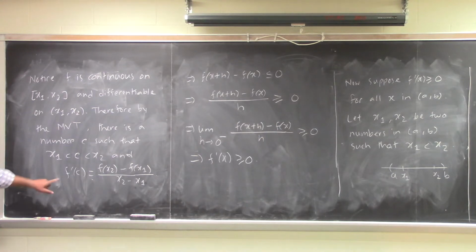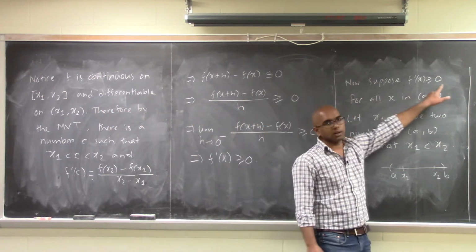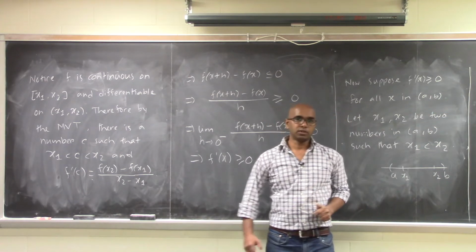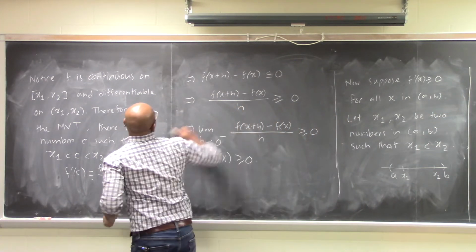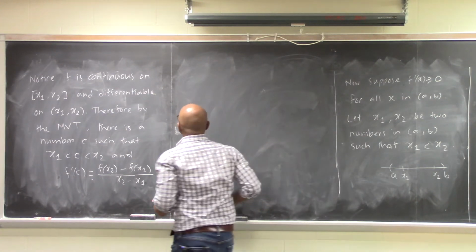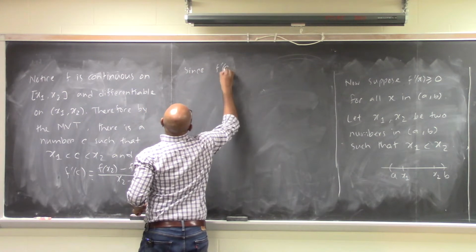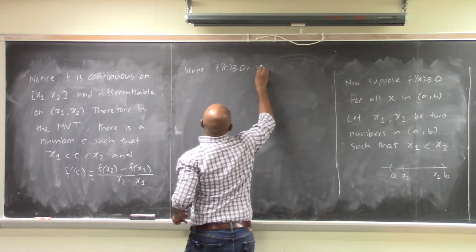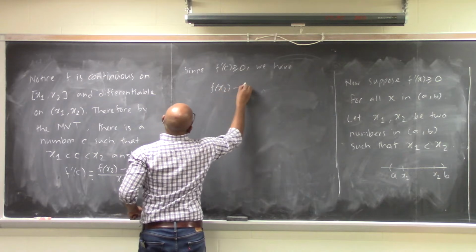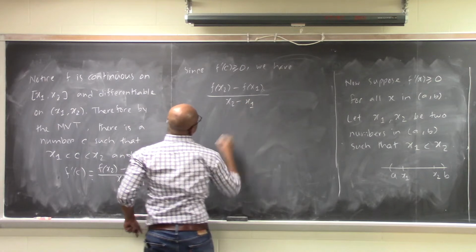Okay, now notice on this interval, no matter what number you plug in, f prime of x is always bigger or equal to 0. In particular, f prime of c is bigger or equal to 0, right? And that will give us the thing we want. Since f prime of c is bigger or equal to 0, we have f of x2 minus f of x1 over x2 minus x1.